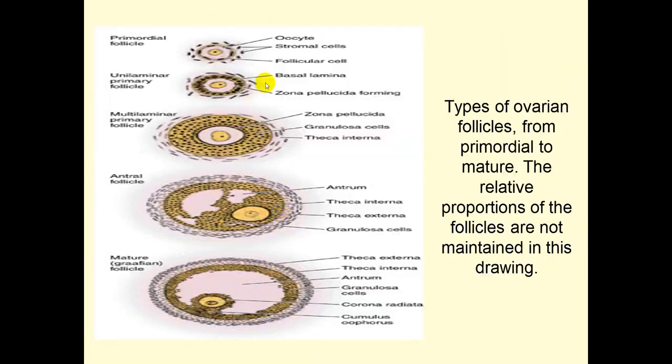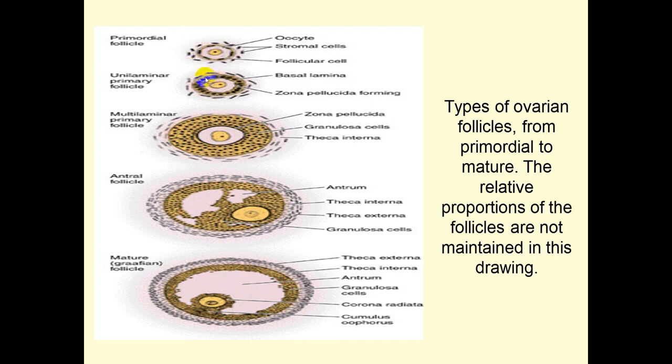This scheme shows you the folliculogenesis changes. Everything starts from the primordial small follicle with the small oocyte inside, outside of the first order, then the unilaminar primary follicle, which is larger than the primordial one, sometimes we call it also primary follicle.